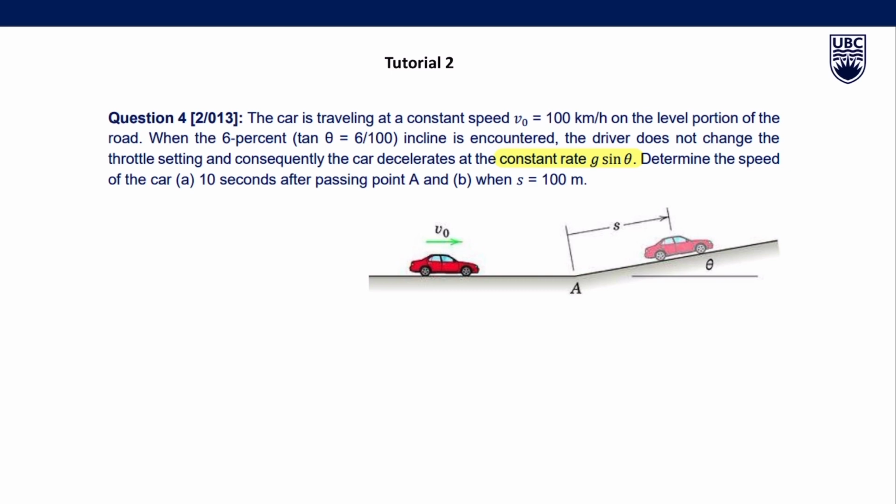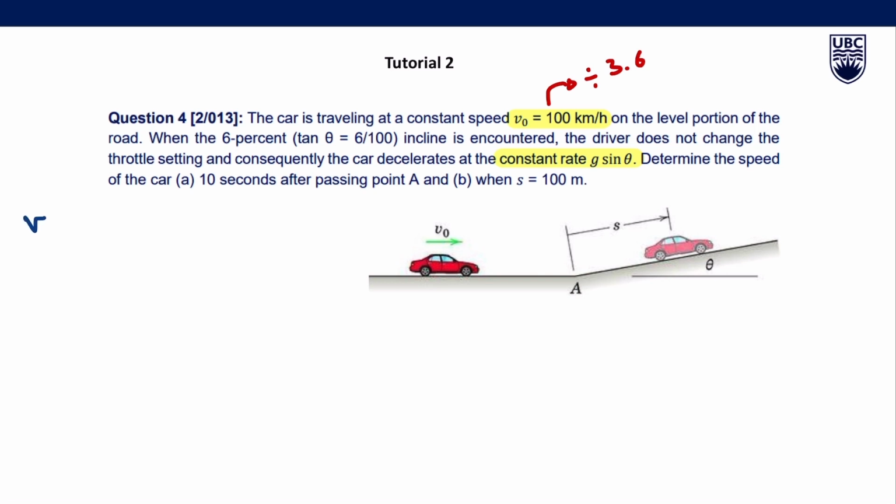So first things first, let's convert the car's speed from kilometers per hour to meters per second for easier calculations. It says here the initial velocity is 100 kilometers per hour. You can easily convert kilometers per hour to meters per second by dividing by 3.6.